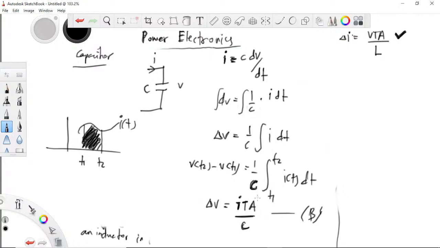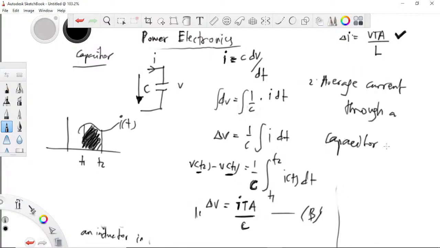Now, if in the steady state V at T2 is equal to V at T1, then I can say that the average current through a capacitor in the steady state will give me 0. So that's something else to note. The average current through a capacitor in the steady state is equal to 0.